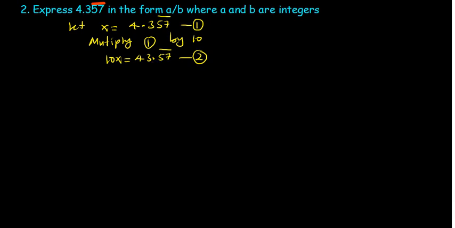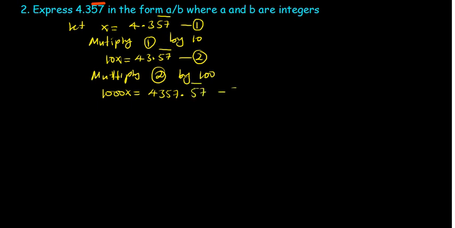So I should move it twice, and I should multiply equation 2 by 100 because I want it to move twice. 10x times 100 is 1000x, and that is going to be 4357.57. The decimal point will come here, and because this term is repeating, I'll put it again here and put a bar. This will be the third equation.